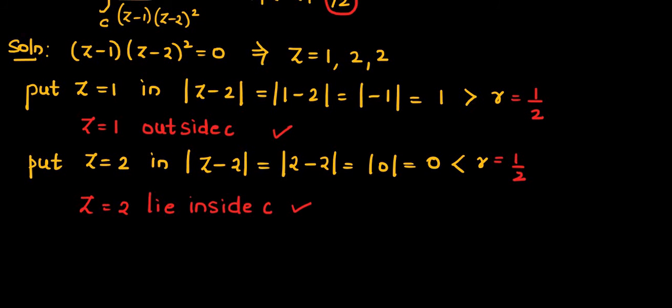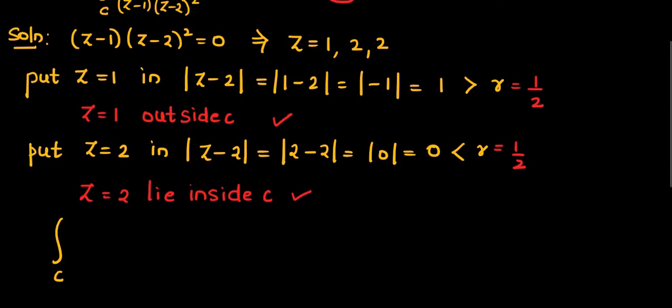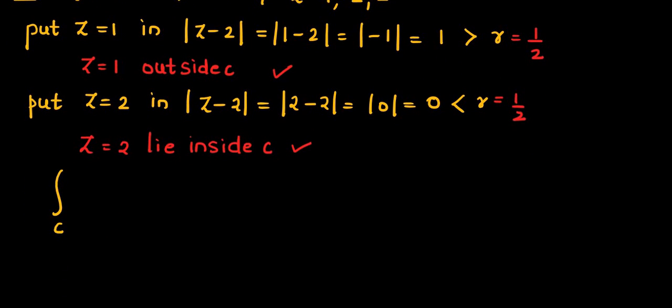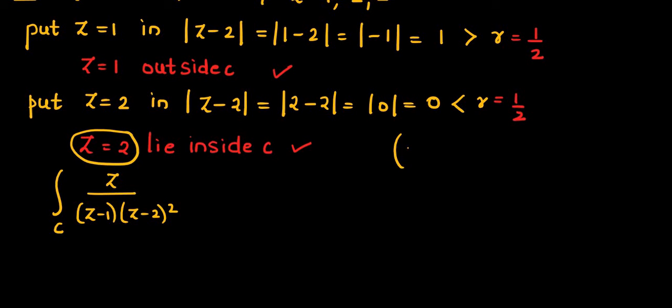So your question is now integral of C z divided by z minus 1 into z minus 2 whole square. Now since z equal to 2 lies inside C, we have to make sure the factor z minus 2 will be in the denominator.